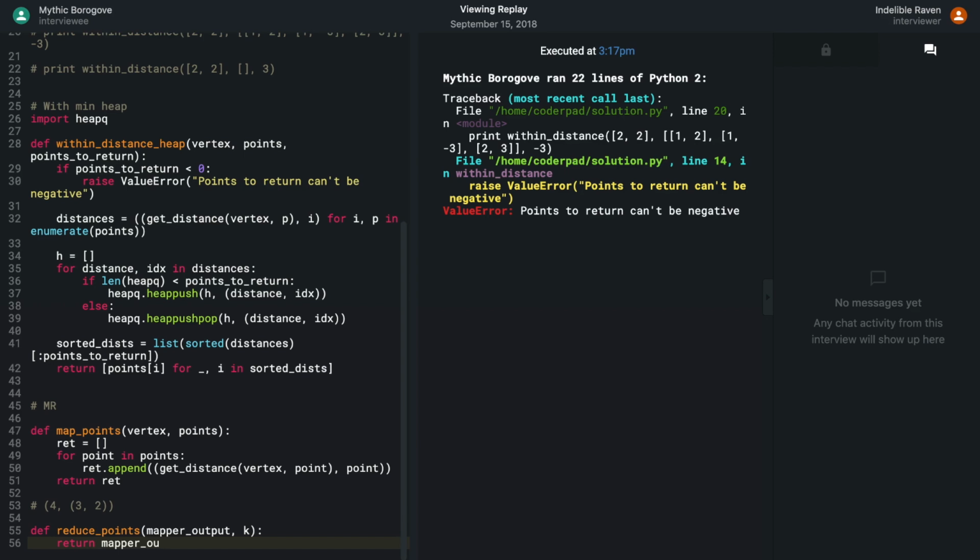This might be where MapReduce is sort of limiting, because if we do this, best case we'll get our answer, but worst case we'll get k times the number of reducers. Yeah.